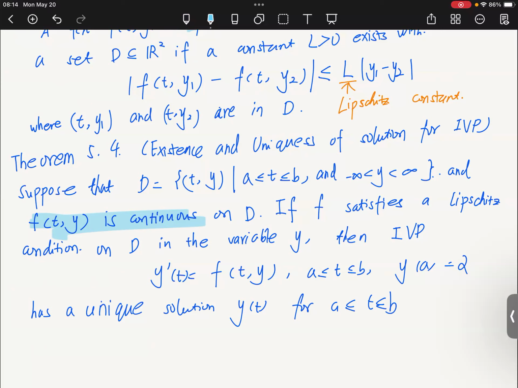Also, we have the second assumption on f, which is that f is Lipschitz continuous in the variable y on the domain D. And in this case, our IVP has a unique solution. That's all about this existence and uniqueness. Any questions so far?